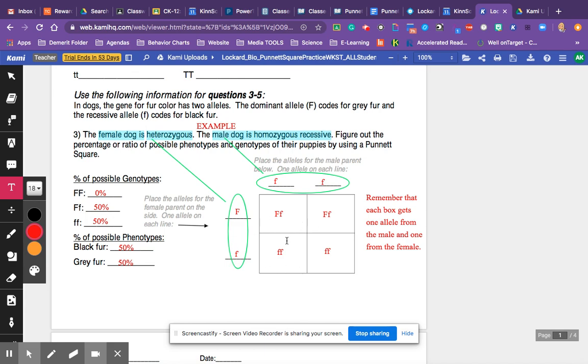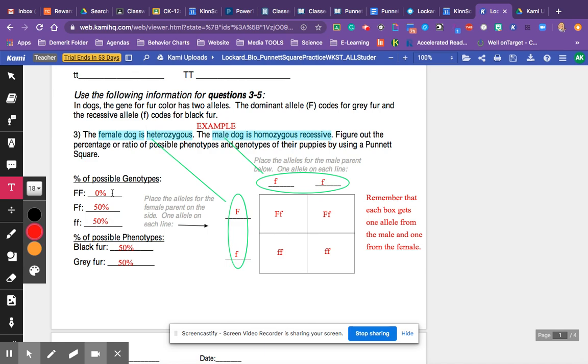How many heterozygous ones do we have? Big F, little f, there's 1. Big F, little f, there's 2, and that's it. So 2 out of 4 would be half, 50%. Okay, then we have little f, how many do we have? We have 1, 2. So again, 2 out of 4 is 50%. So we're going to put 50%. Okay, that's half. All right, so we have our genotypes figured out.